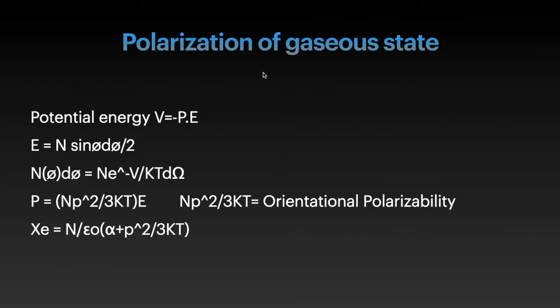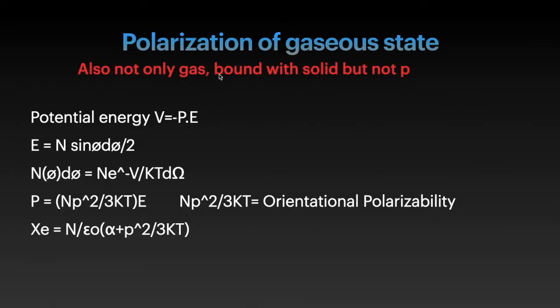In the polarization of the gaseous state, also not bound with solid, not polarizable, potential energy V is minus P dot E. E is N sin phi d phi by 2, and phi d phi is N e raised to minus V by kT d omega.